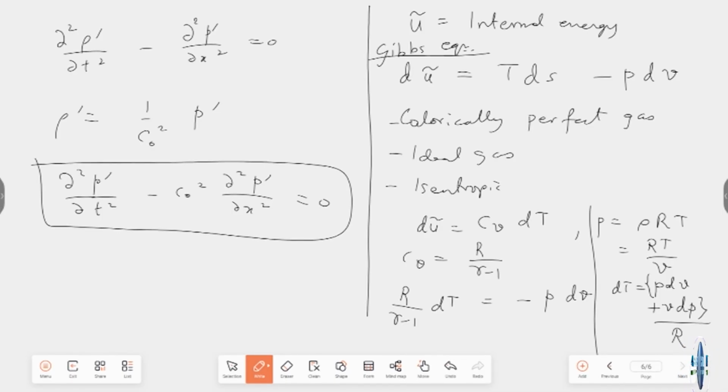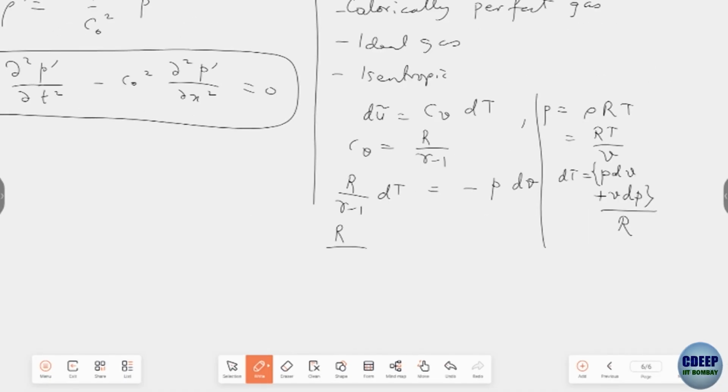So PV is equal to RT. So taking the derivative of that, we have this form. So we've got R by gamma minus 1 dT is minus P dV. R cancels out nicely, and we have got P dV times 1 by gamma minus 1.